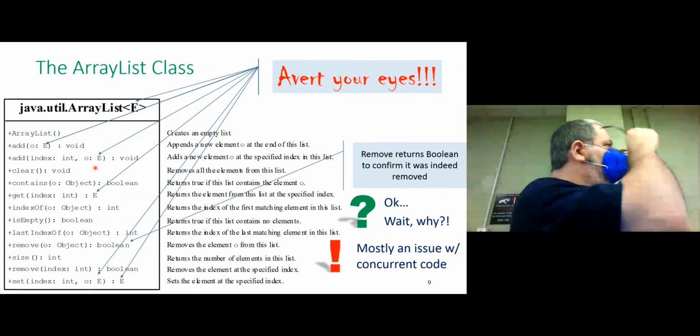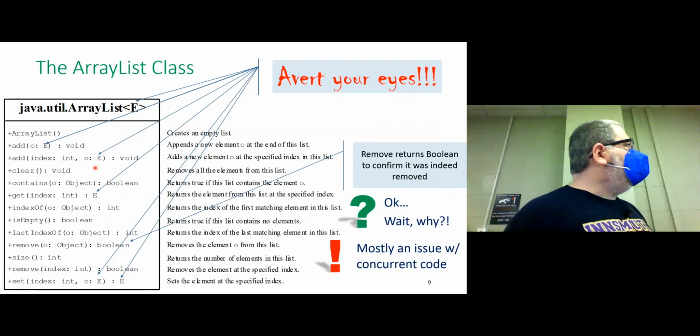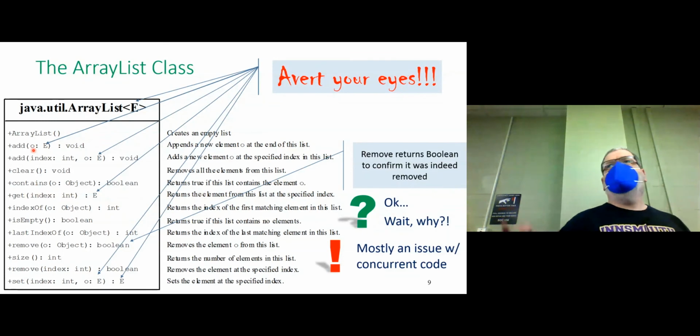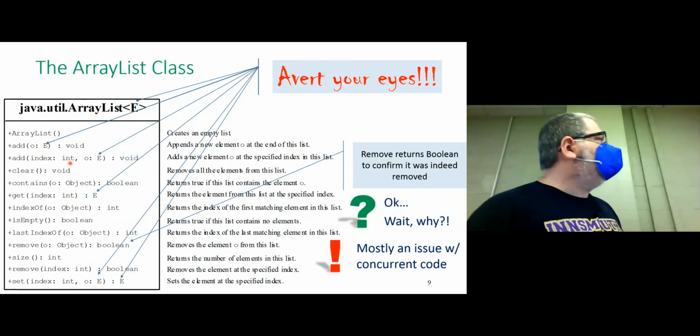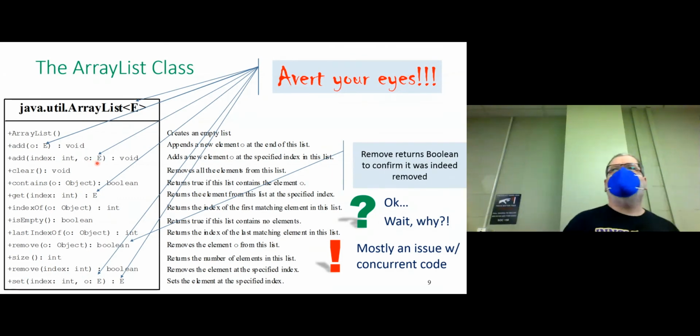If somebody were to have an array list of, say, a data type E, then I would have an add method, and that add method would take a parameter O of data type, whatever E is. And then I would continue like that. Then I would have another add method that allows me to add an element at a specified index, and the element would be specified to me by, again, a parameter of type E.